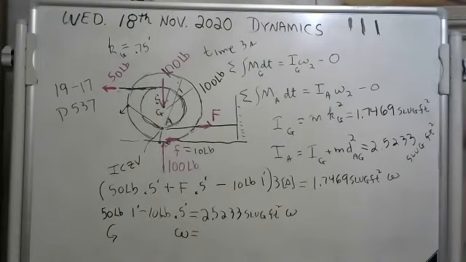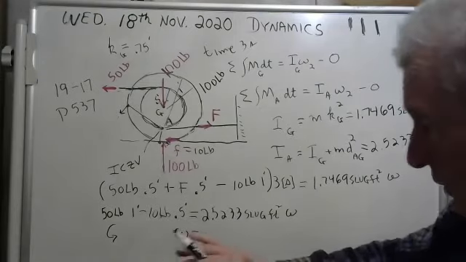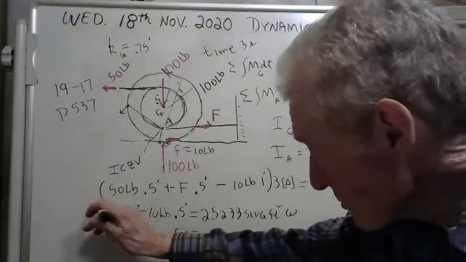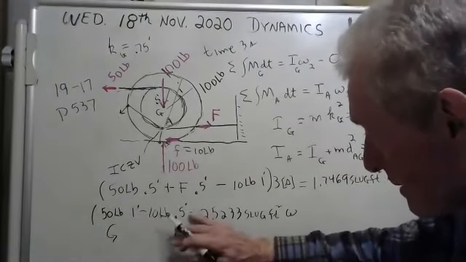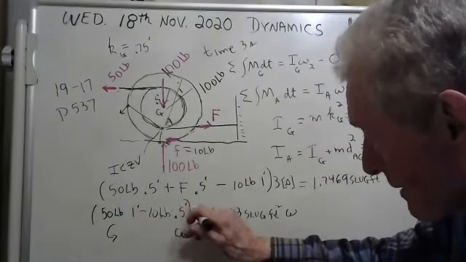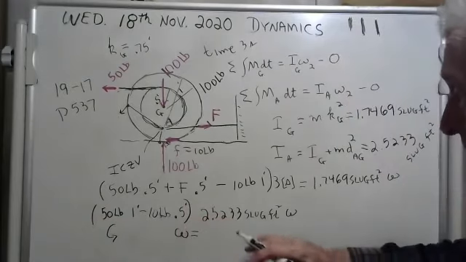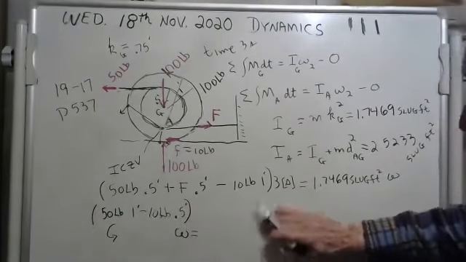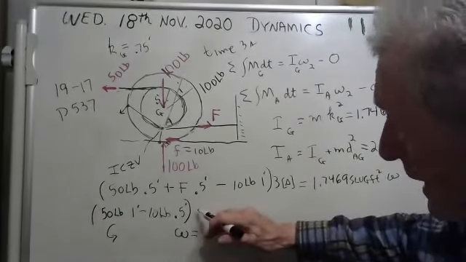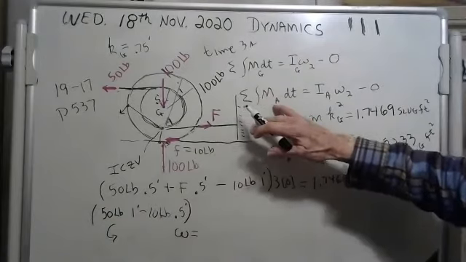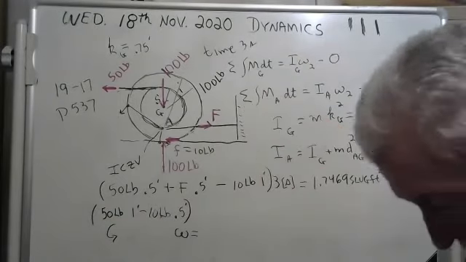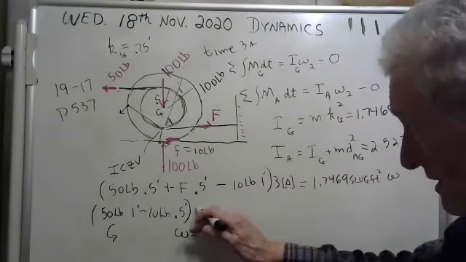Oh, wait a minute. What did I forget again? I forgot the same doggone thing again. I forgot the time. We're doing this equation here. What is the time? 3 seconds?